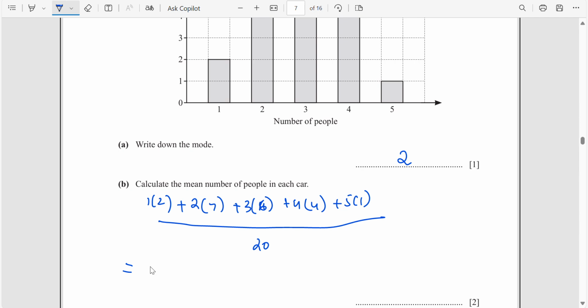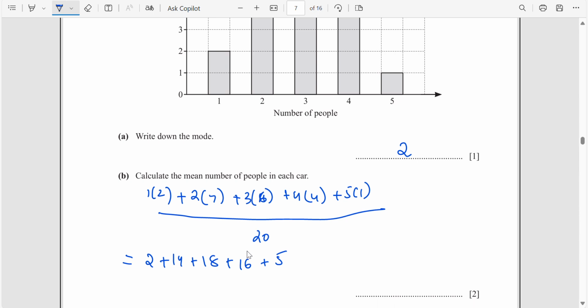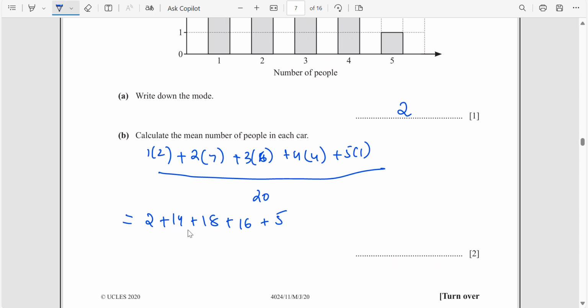So 2 plus 14 plus 18 plus 16 plus 5. So we get 30, 48, 50, 55. And then you simplify this. You can cut it by 5's table.